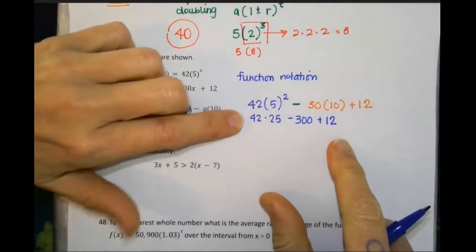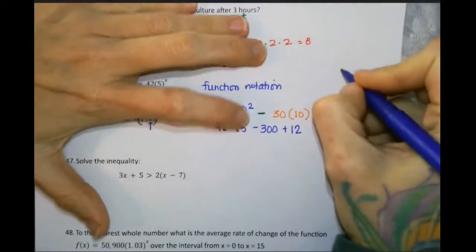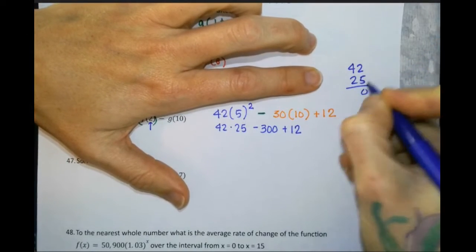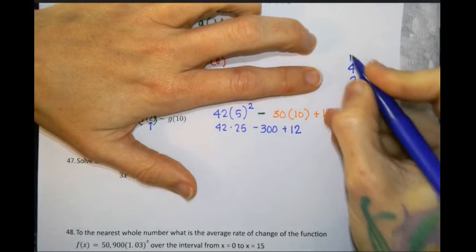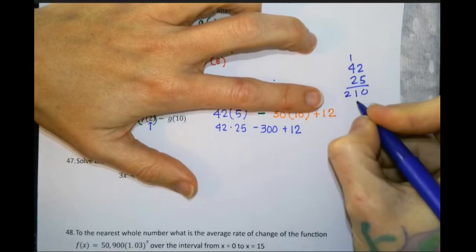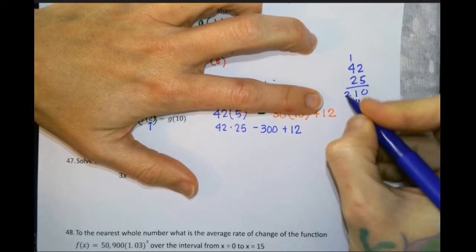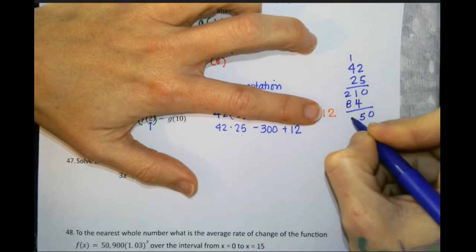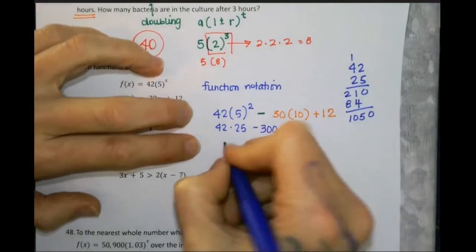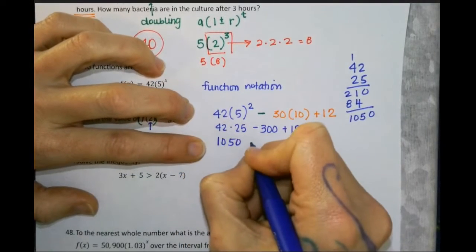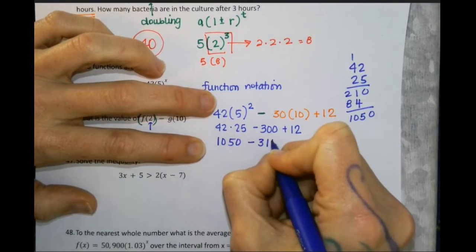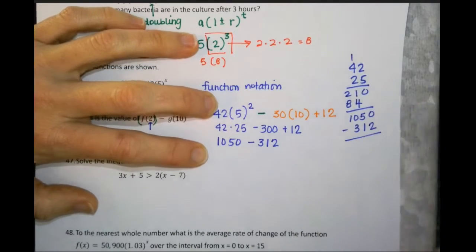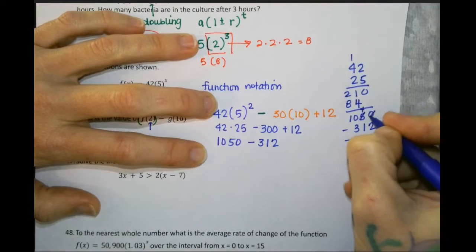I'm writing it all the way out. 42 times 25, not nice if you didn't have a calculator, but doable. 5 times 2, 10. 5 times 4 is 20 with a 1 left over, so that's 210. 2 times 2, we're going to come in 1 is 4, and 2 times 4 is 8. So it's going to give us 1,050. So 1,050 minus 312. Depending on how your teacher taught you along the way, I'm going to borrow.